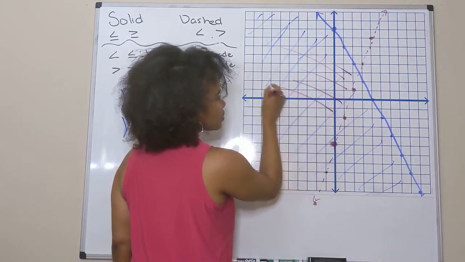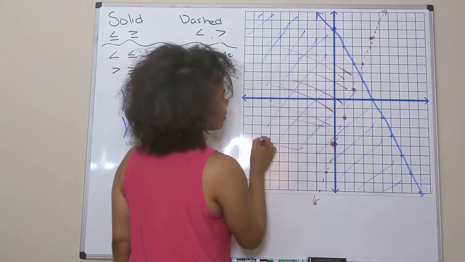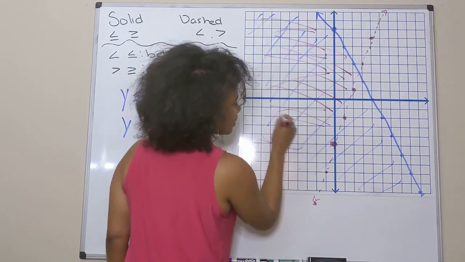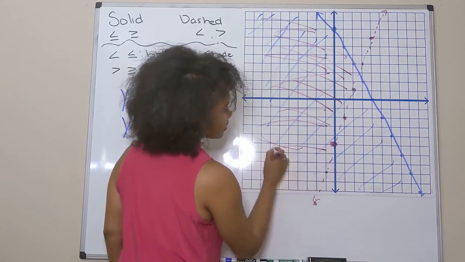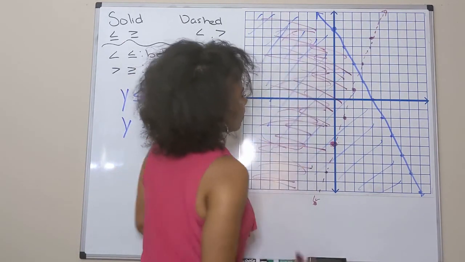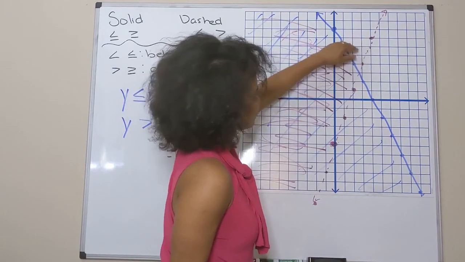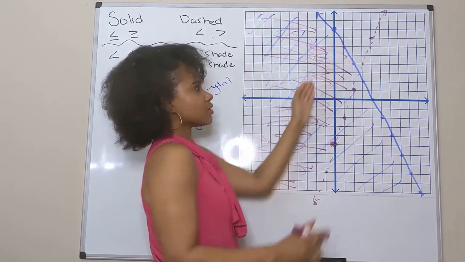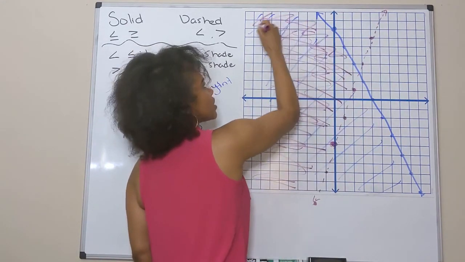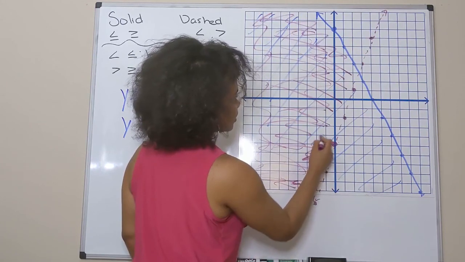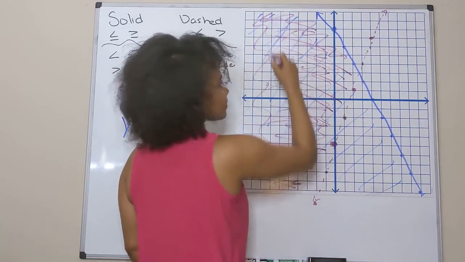So my solutions are where we have the blue and the burgundy intersections right here. I wouldn't shade over here because I didn't shade for this graph on this side. So these would be my solutions, because my solutions would be where the graphs' shading intersects.